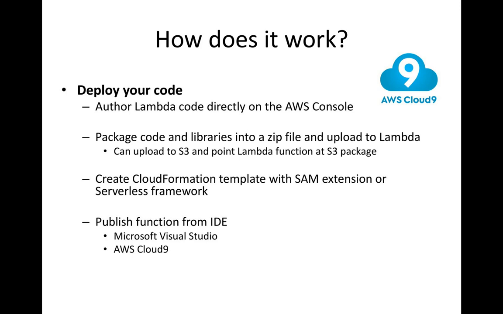AWS also has a web-based code editing environment called Cloud9 that can also directly publish code into Lambda resources. So there's a variety of ways to get your Lambda function code published up into AWS and connected to your Lambda resource.